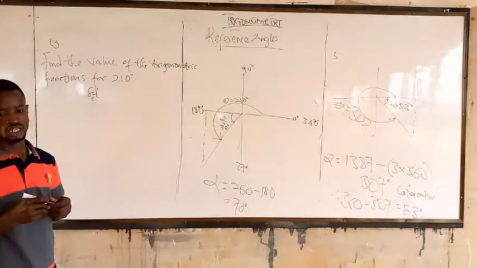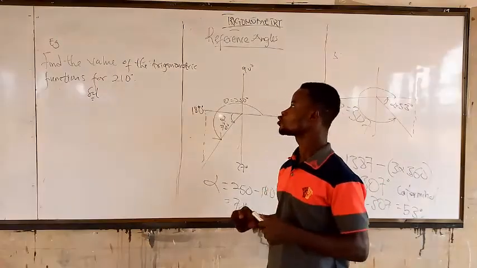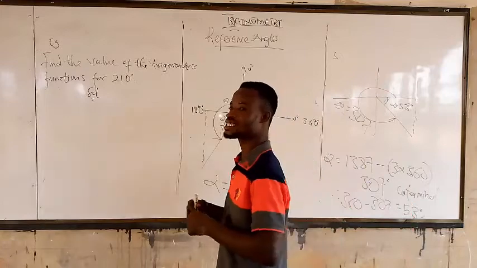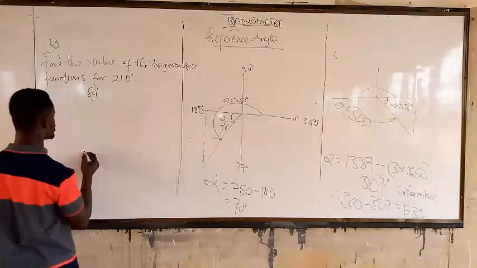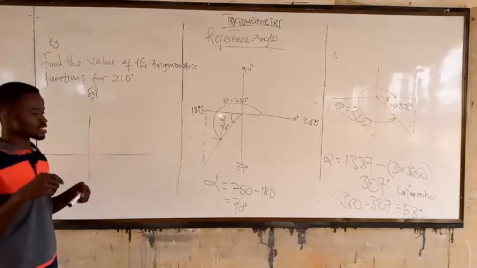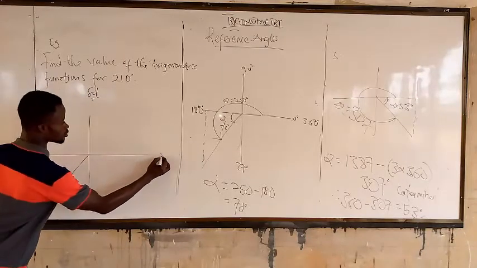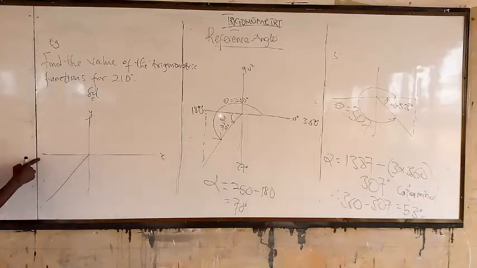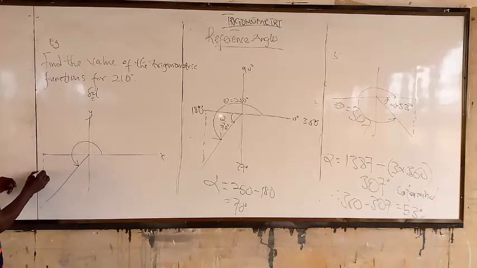So the solution. To find the value of the trigonometric functions, that is sine, cos, tan, and their reciprocals, we know with this you need to sketch, alright? Then we are going to look for the reference angle. So 210 will be in the third quadrant, because here is 180, so 210 will be in the third quadrant. So the reference angle makes with the x-axis.